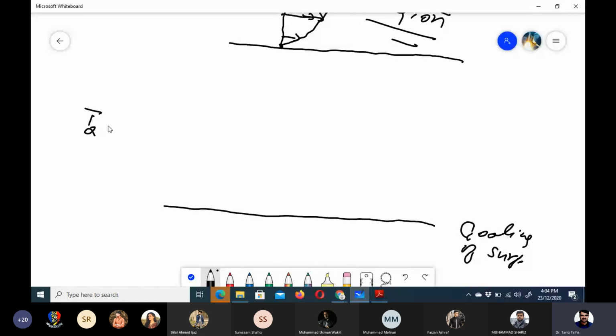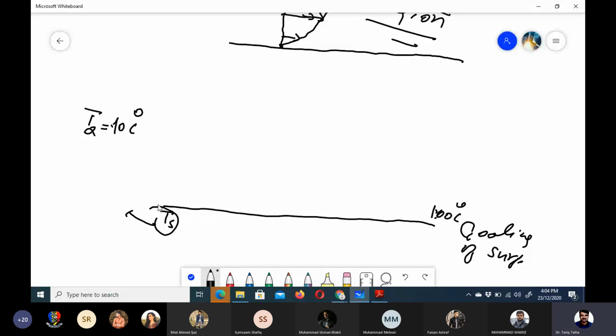Okay, now if we are talking about cooling of the surface, the temperature coming from here, T infinity, would be less than this Ts value. Ts is the temperature of this surface, right? So let's suppose we have 100 degrees centigrade at the surface, and here we have air coming at 10 centigrade.